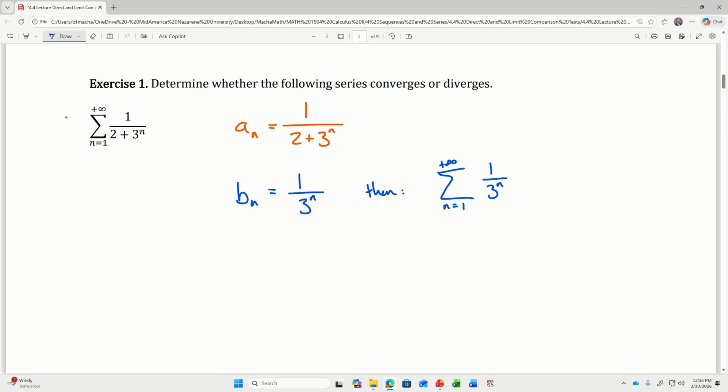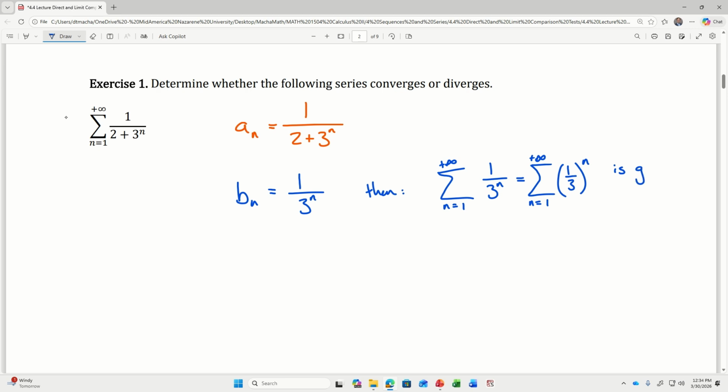This converges, but it doesn't converge to 0. This is a geometric series, because 1 divided by 3 to the n is the same thing as 1/3 to the n.